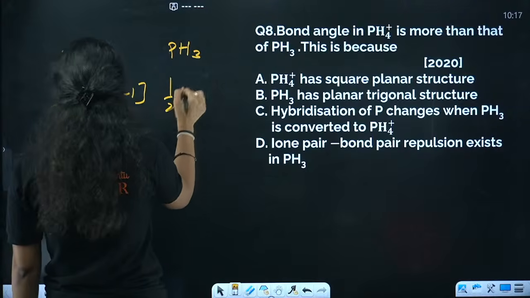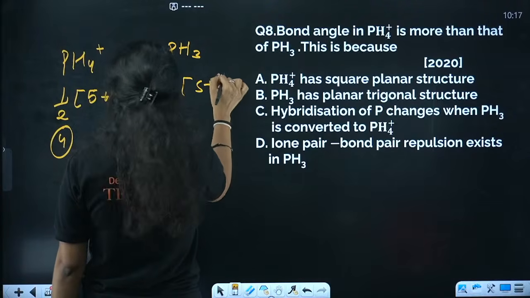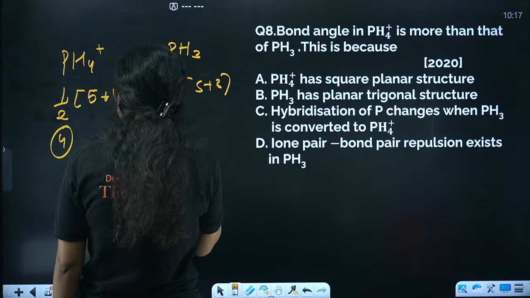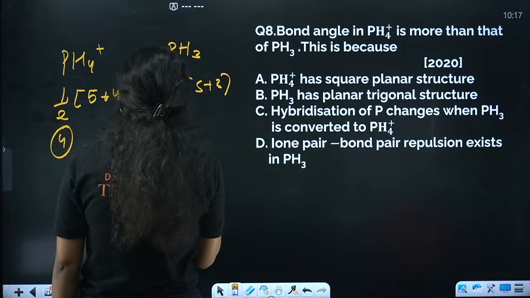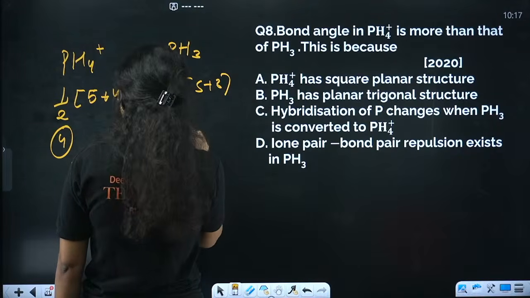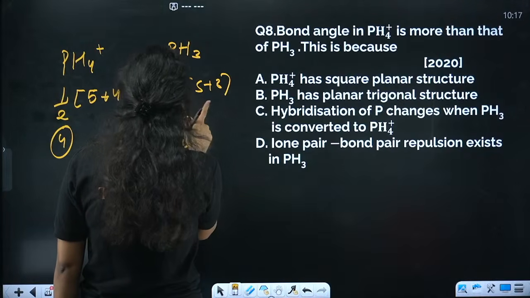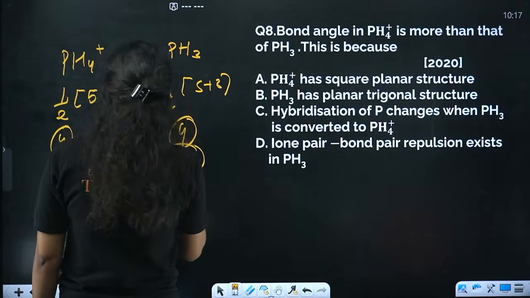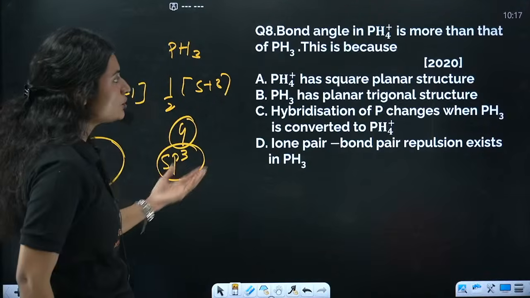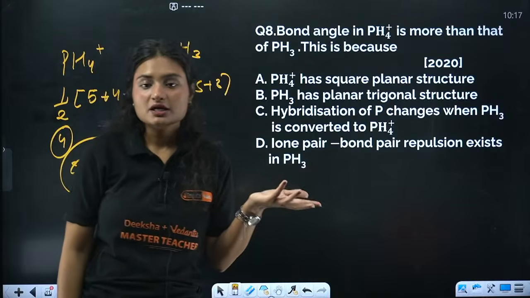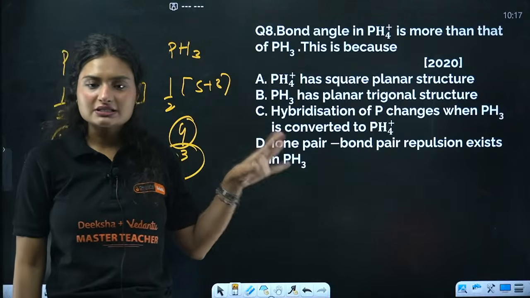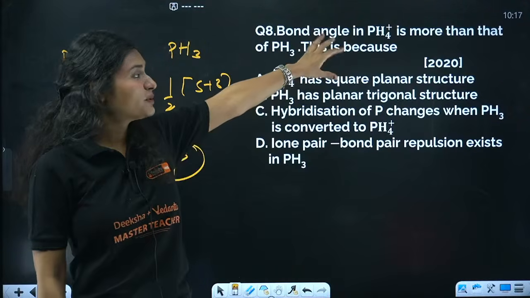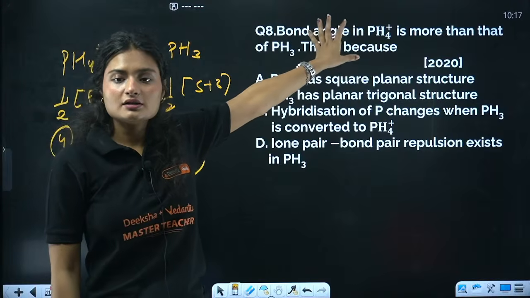Here hybridization is 5 plus 3, again 4. The hybridization is the same, so their bond angle should be almost the same, right? But their bond angle is not the same.